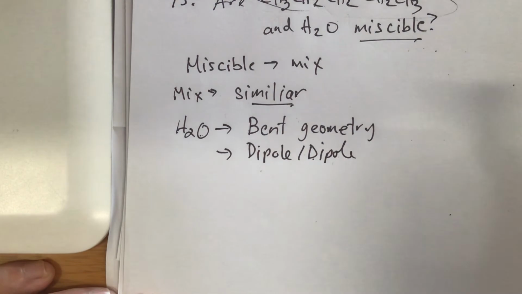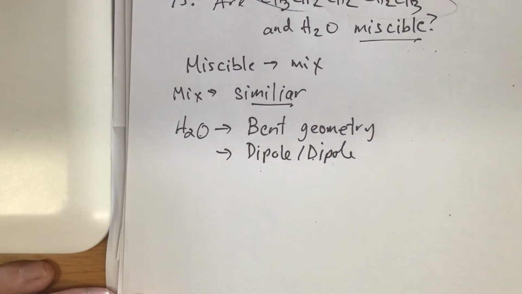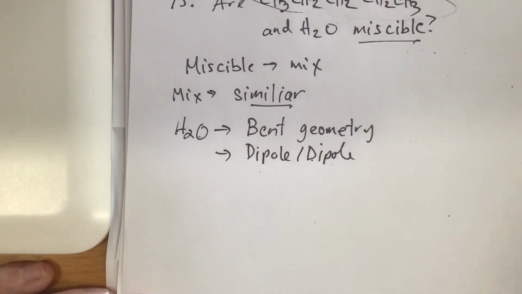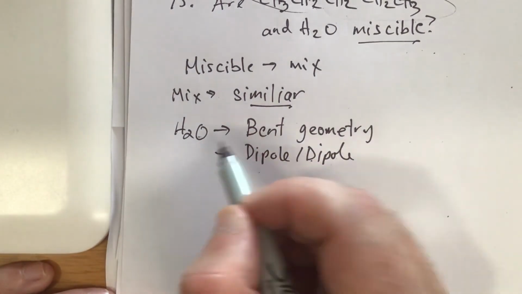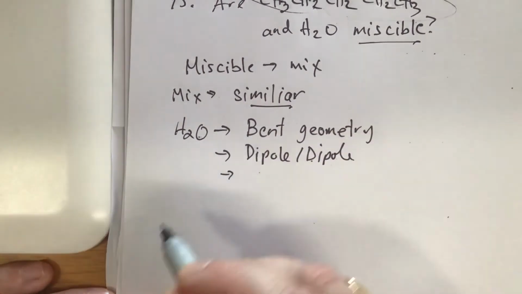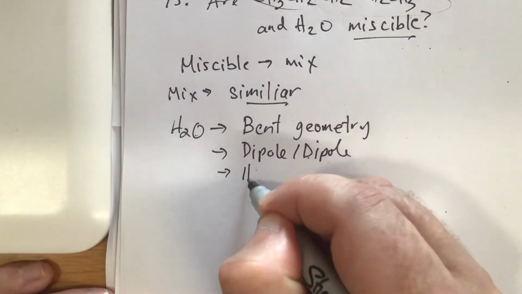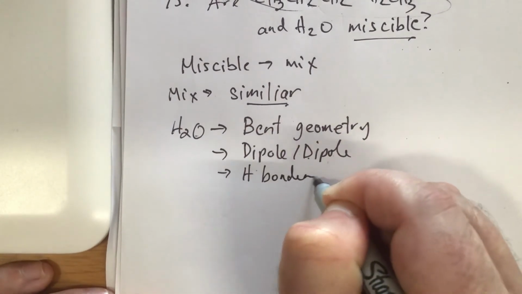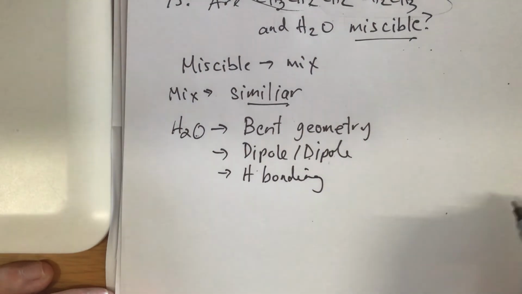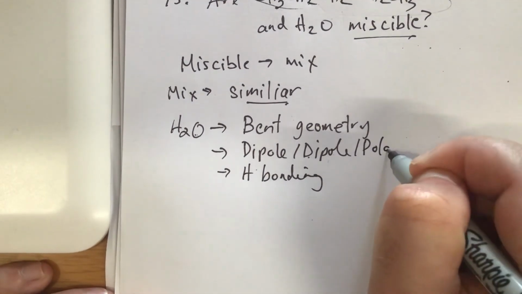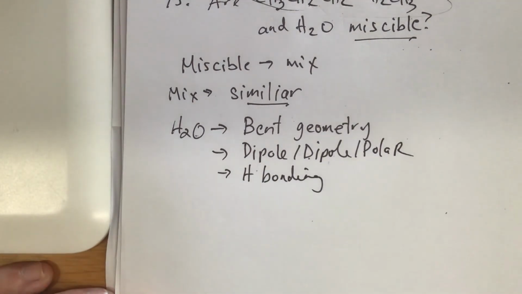The bent geometry makes it a polar molecule, so it has these charge separations creating these dipoles. And because it's hydrogen and oxygen, it's a special kind of dipole-dipole called hydrogen bonding. It's a polar molecule. I'll put that, that's what that means, polar. Okay?